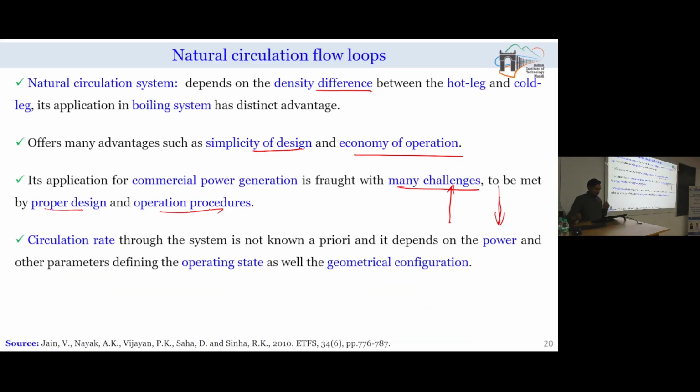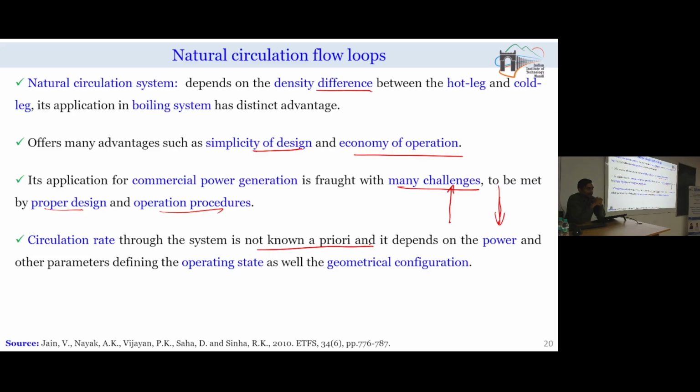So circulation rate, the rate at which the working fluid is circulating, is called the circulation rate. The circulation rate of the working fluid is not known a priori to us. For example, in a pumped system, if you start pumping the water, we know how much discharge the pump will give at the given pressure drop conditions.